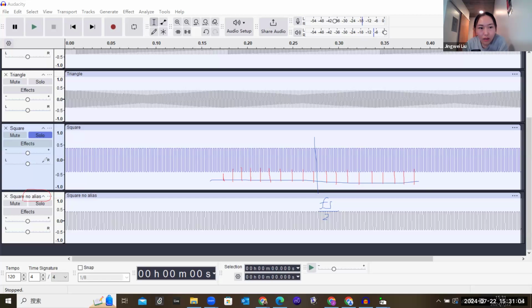But if we continue with the square wave with all the harmonics present, then when we are doing this sampling, these frequencies will fold over. How do they fold over?